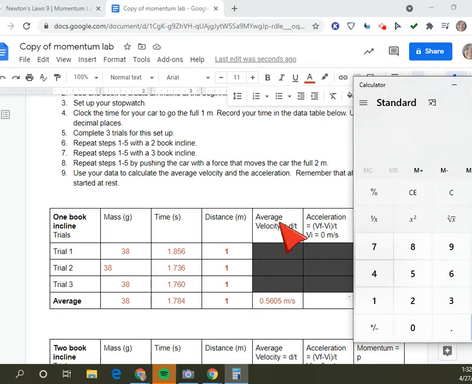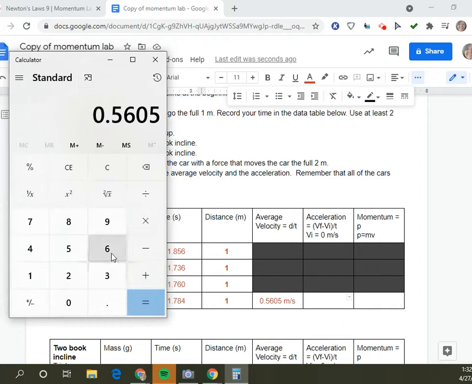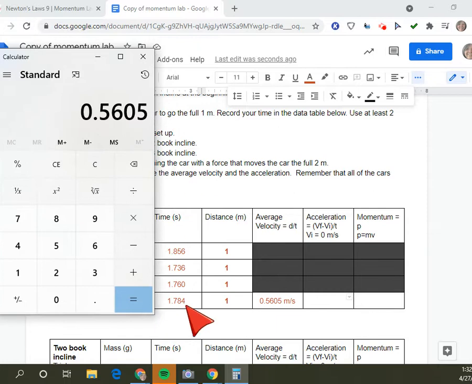The final velocity is 0.5605. Minus 0, so we really don't have to do that part of the calculation. Anything minus 0 is still itself. And we're going to go the same time, divided by 1.784.